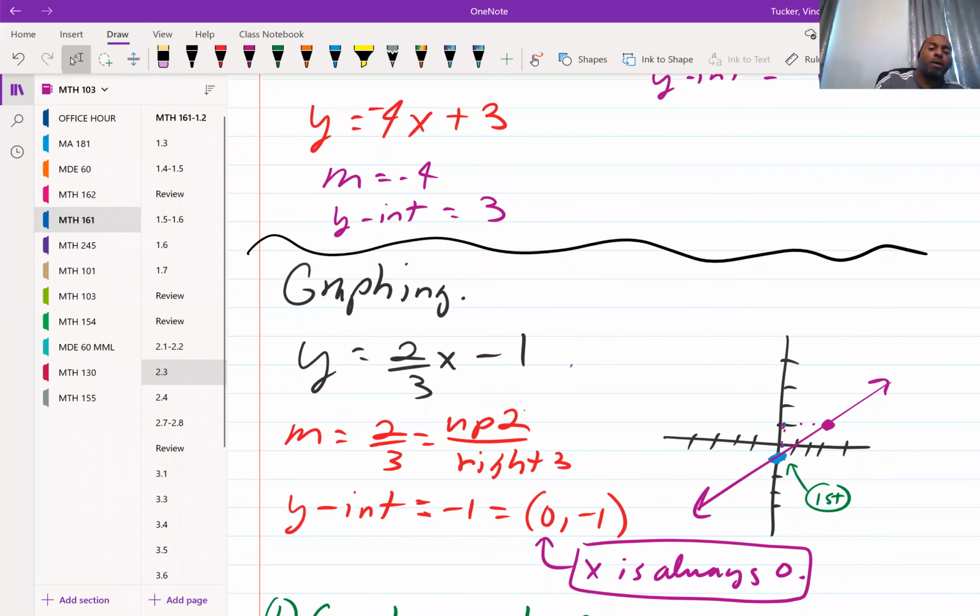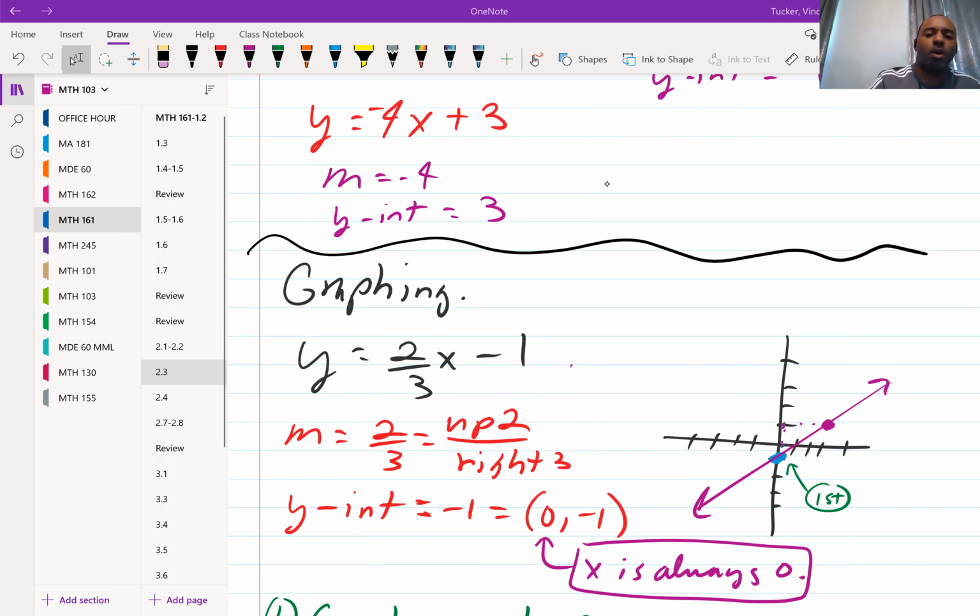But don't forget, we talked about intercepts before. Now if you're talking about x equal to 0, we're talking about in terms of your y-intercept.